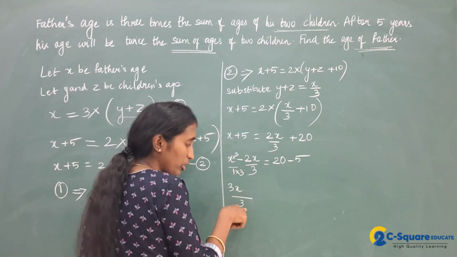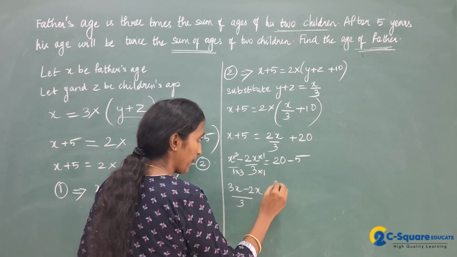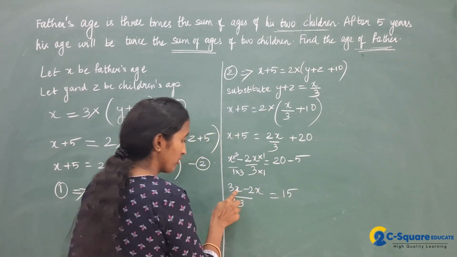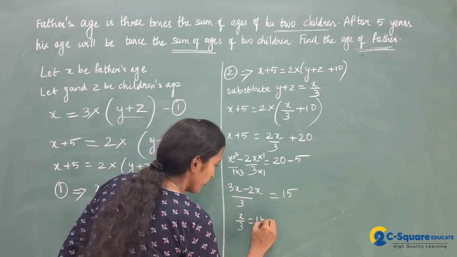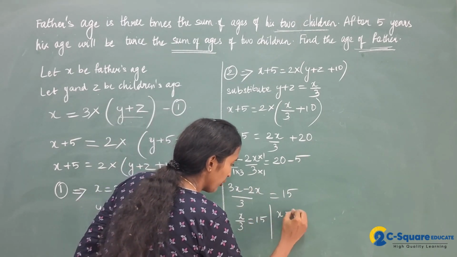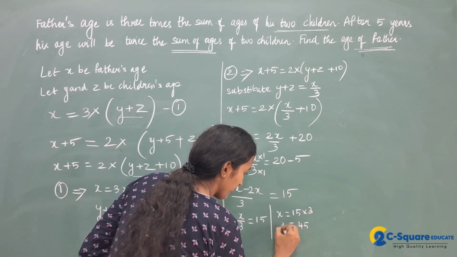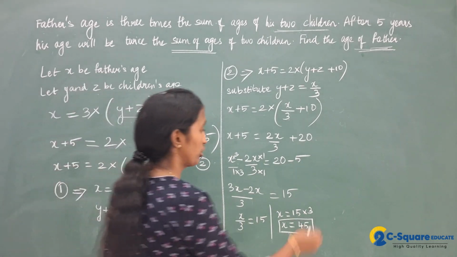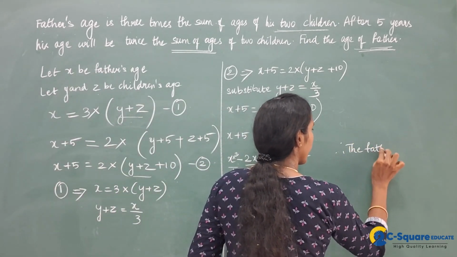And this 3 to 3 is into 1 only, so the numerator also into 1. Equal to 20 minus 5, which is 15. So 3X minus 2X is X. X by 3 equals 15. So X is equal to 15 into 3, which is 45. Therefore the father's age is 45.